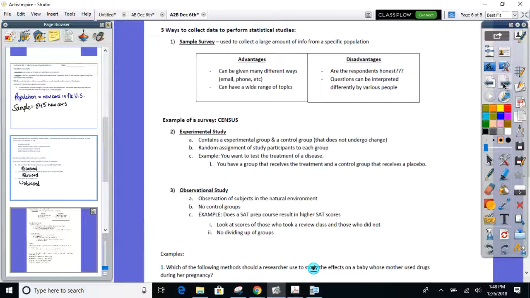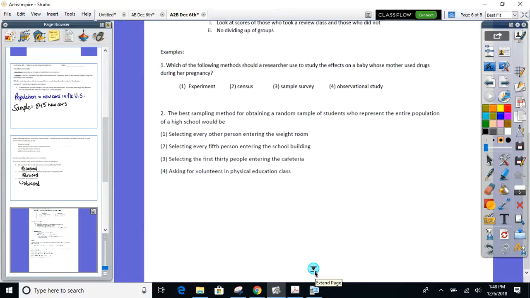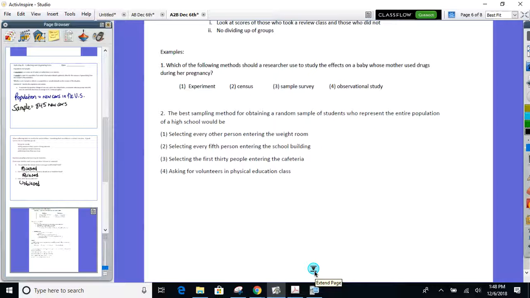Observational study. This next example makes me so uncomfortable every year. Which of the following methods should you choose if you want to study a baby whose mother used drugs during pregnancy? Which method would you use to study that effect? And hopefully we're all agreeing that you would do an observational study.